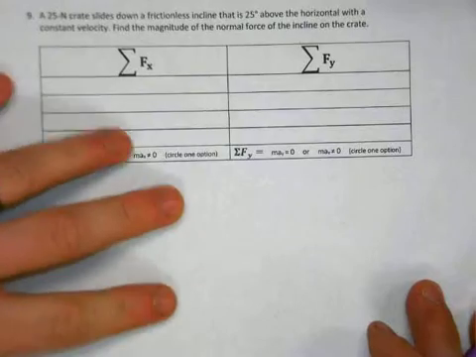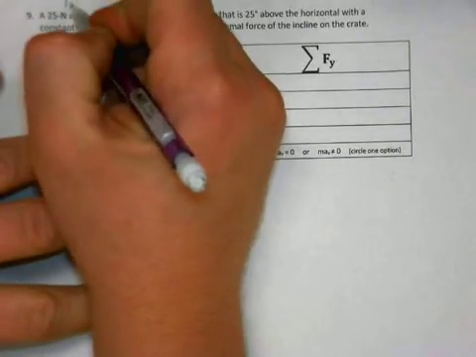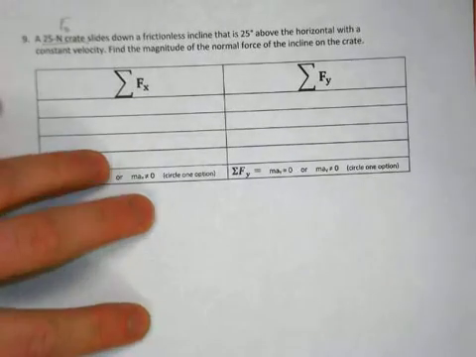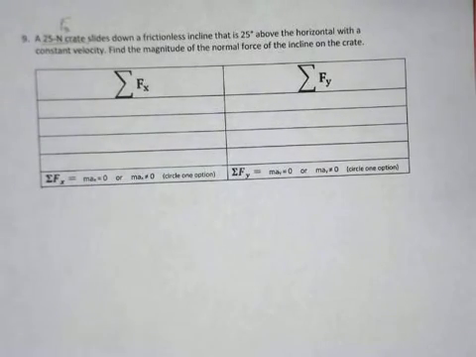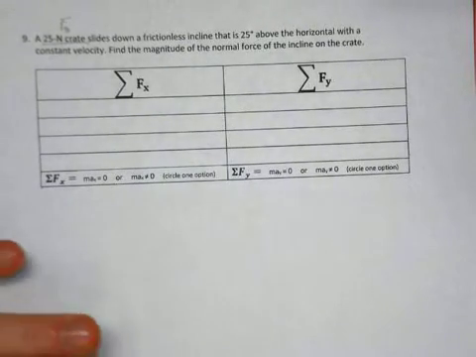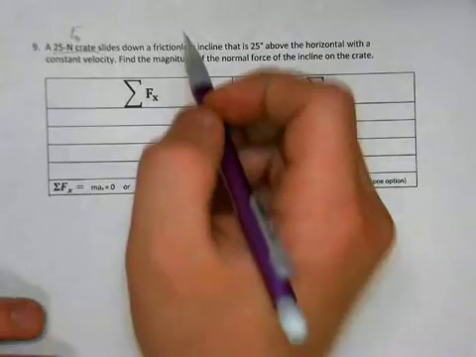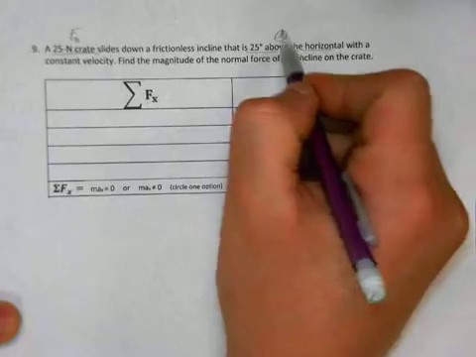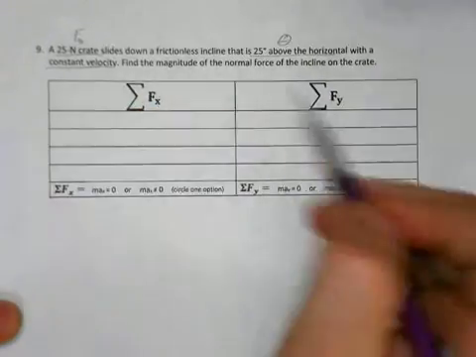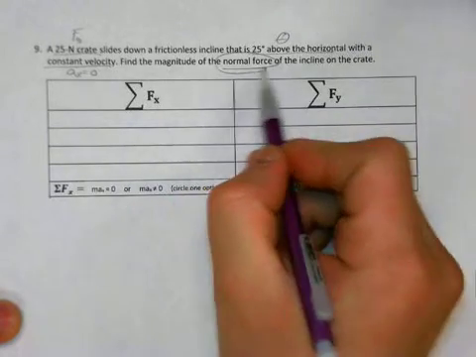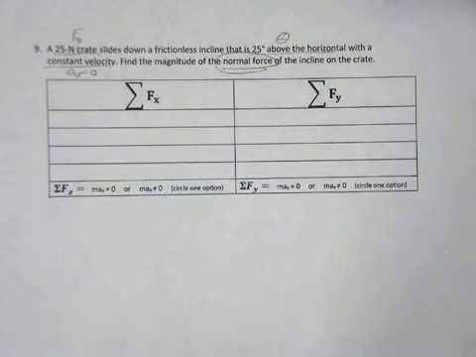All right, so a 25 Newton crate, that is Fg, slides down a frictionless incline that is 25 degrees above the horizontal, that is theta, with constant velocity, that means ax equals 0. Find the magnitude of the normal force of the incline on the crate.